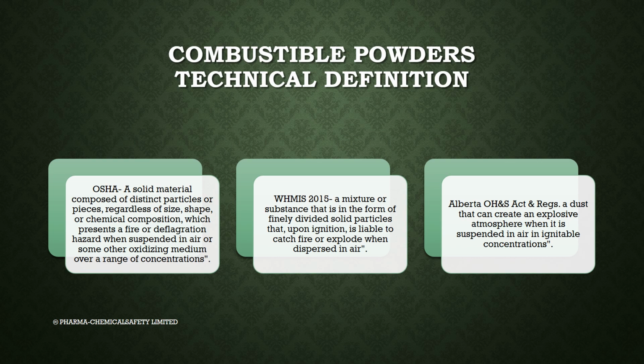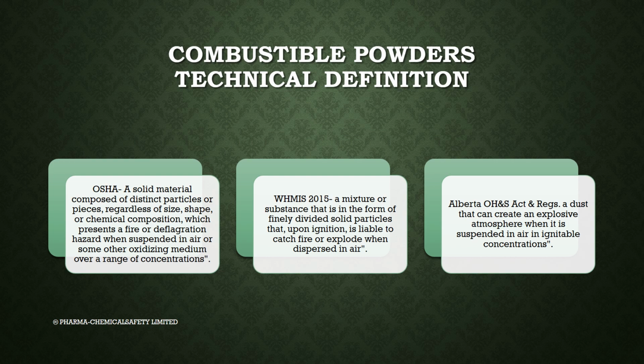As you can see, here I have three technical definitions from different government agencies. One is from OSHA, one is from Canada, the one from 2015 under the GHS, the Global Harmonized System, so this system defines perfectly what a combustible powder is, and the Alberta OHS Act and Regulation. The three of them have something in common, what we saw in the very basic definition.